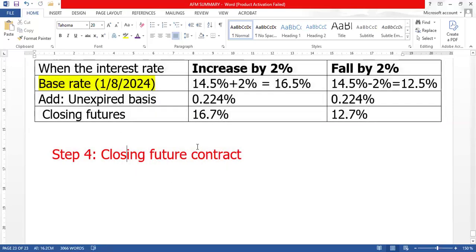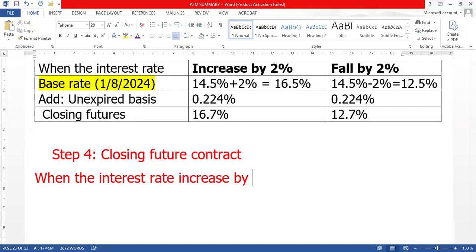Now, you will start with a scenario where the interest rate increases by 2%. If it increases by 2%, the new rate is what? It will be 16.5.